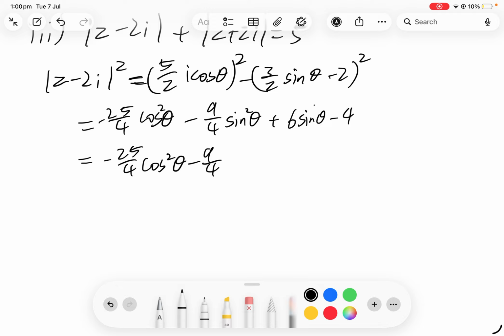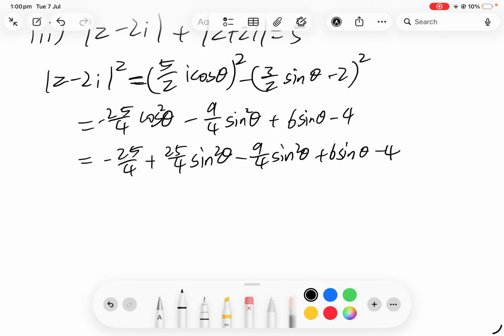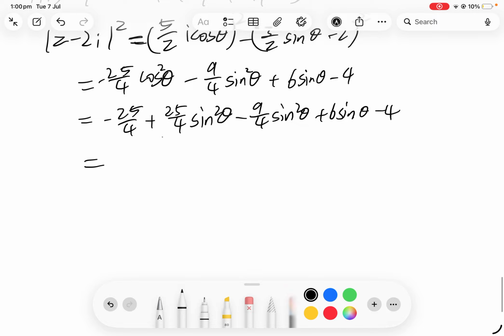That should be, yep, that's right. Now I'll convert the cos into sine. That'd be 1 minus, that'd be plus 25 over 4 sine squared theta plus 6 sine theta minus 4.